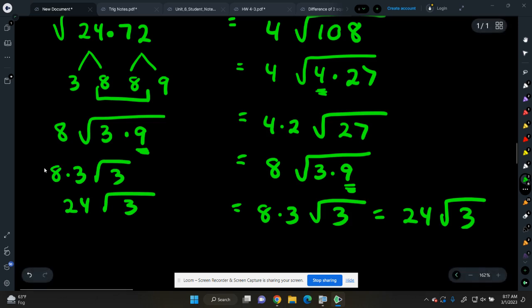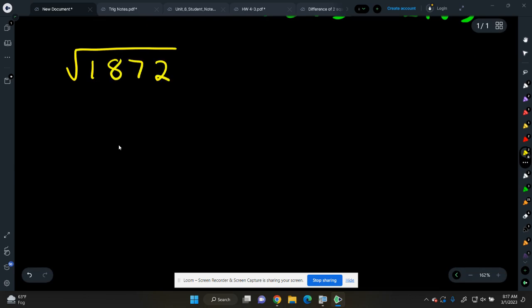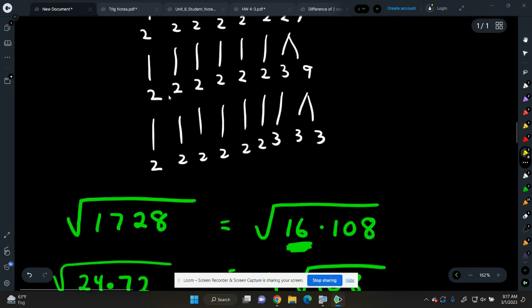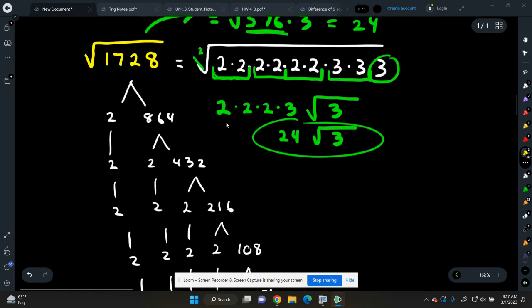Okay, let's do another one. Let's do number 2, the square root of 1,872. Now, just like the previous one, if I factored this all the way down to the prime numbers, that's a lot. That takes a long time, right?